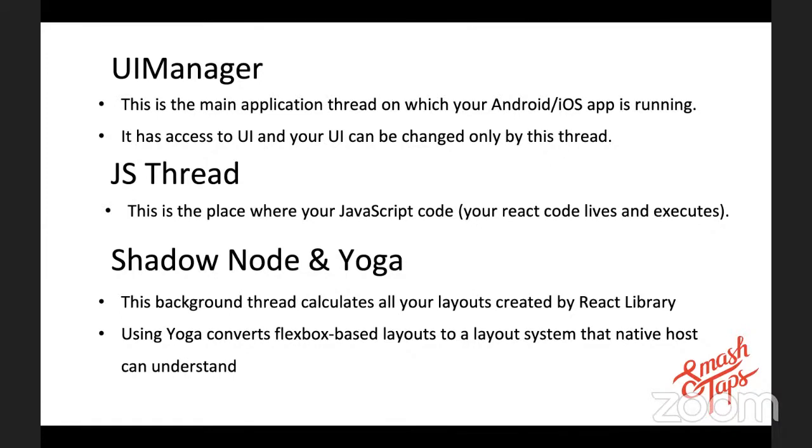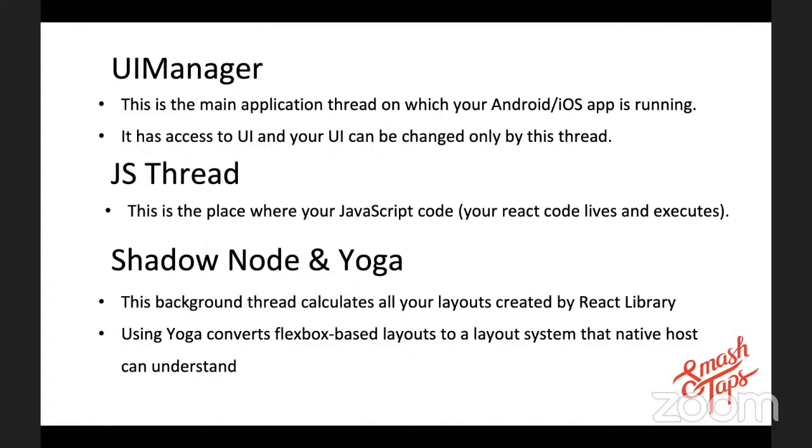But a mobile phone doesn't know how to handle layout with CSS or JavaScript. So in order to tell the host phone where you need to lay out this stuff according to the JavaScript, that's why shadow node and yoga exist.